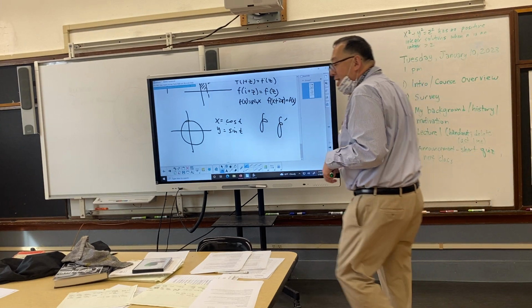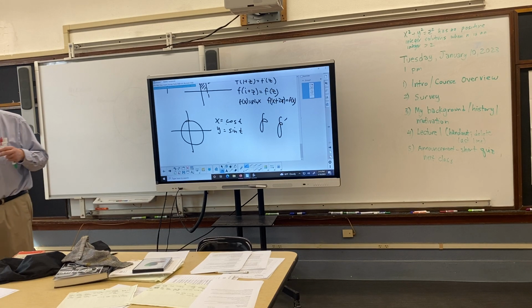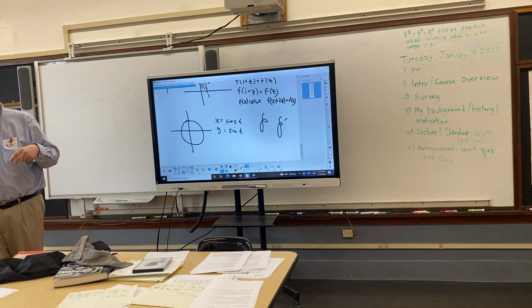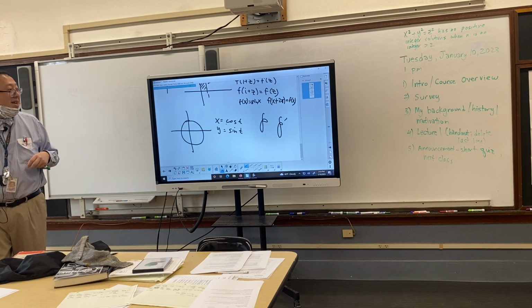So this is really a super duper simplified version of what elliptic functions are. But please don't run out and tell other people that Dr. Wang told us that an elliptic function is a doubly periodic complex function, because that's not quite right. There are some other conditions that you put on there.